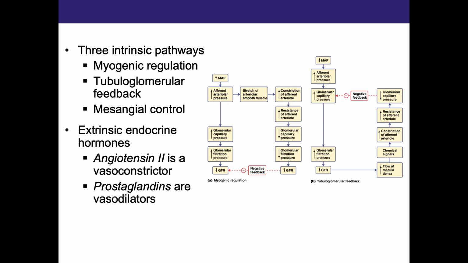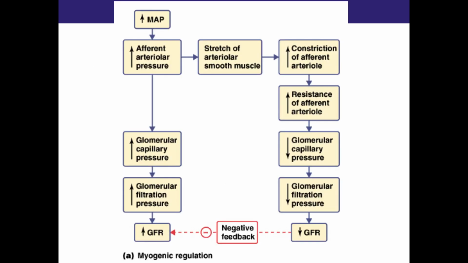Before I go through this, I want to just make it simple. All this is about is if you get a surge of high blood pressure and an increase in flow into the afferent arterioles, that stretch is actually going to trigger some of those receptors, stretch receptors, and there's going to be a compensatory constriction to try to keep glomerular filtration rate fairly constant. That's all it is.